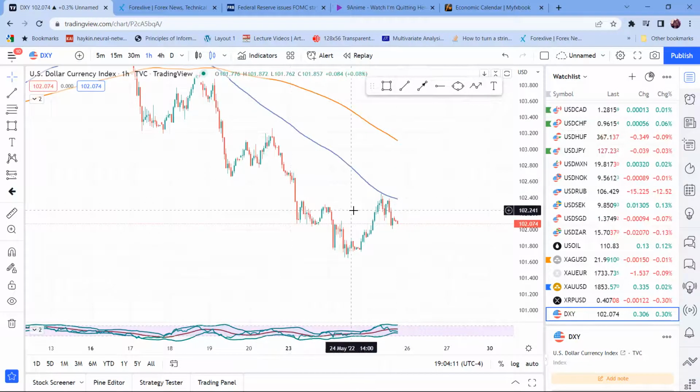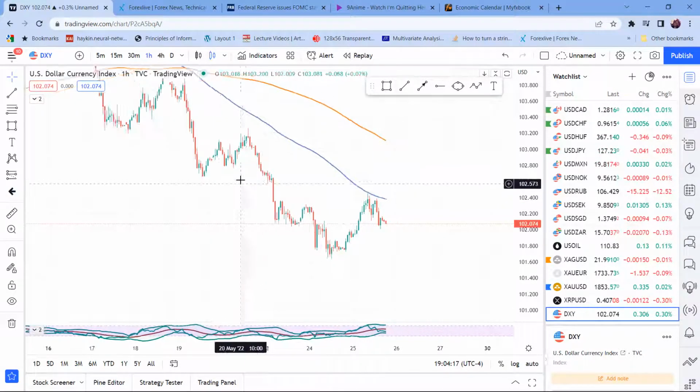Looking at the overall chart, you can see it's sort of weak, so to speak, when you're just looking at the US dollar currency itself.